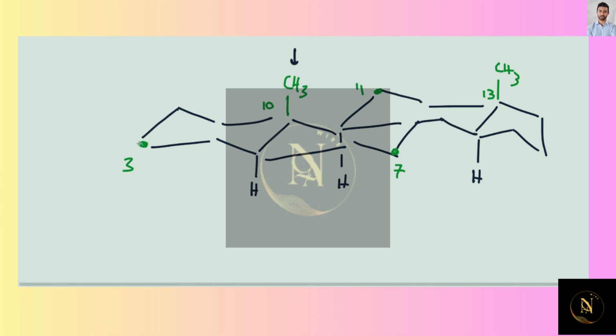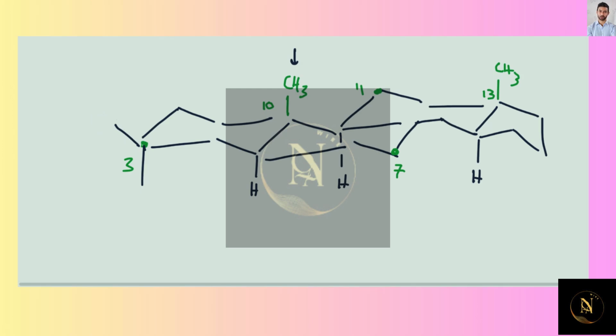At this particular position, these are the two choices: axial on the bottom of the ring or equatorial on the top side of the ring. Right? So if it's cis, it should be the upper of the two choices, and it would be equatorial. So the answer to A is equatorial.